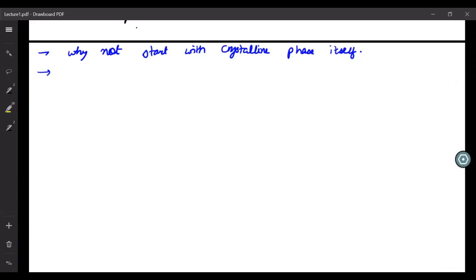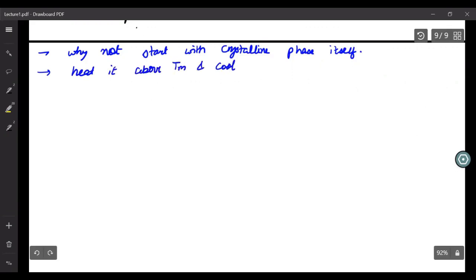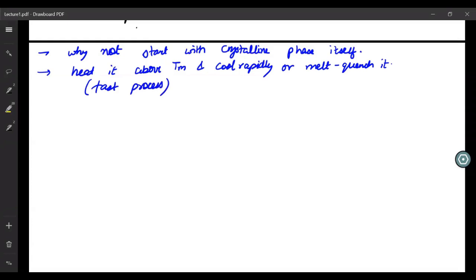So for that, what you need to do is you heat it above the melting temperature Tm and cool rapidly, or you melt quench it, which is a very fast process. So if you melt quench it immediately after heating it, then you end up writing amorphous phases.